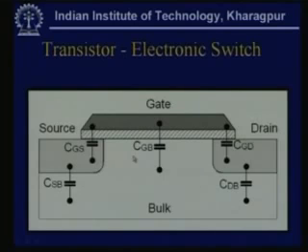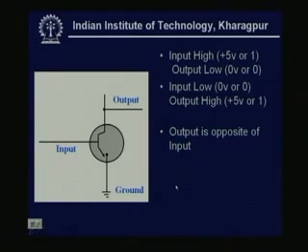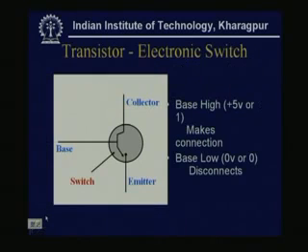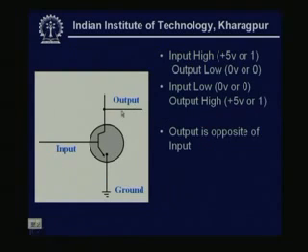Now, this concept we can apply here. So, input and output. See, now the base is replaced by input, the collector is replaced by the output, and the emitter is ground.